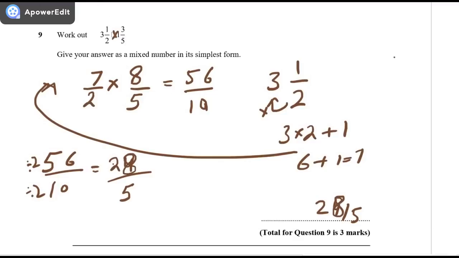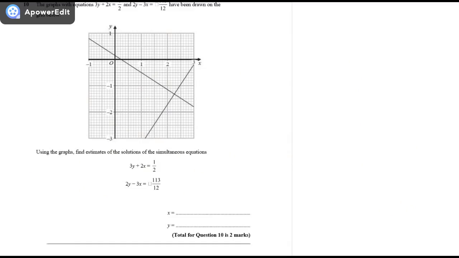Yeah. And next question. Okay, in question number 10, we got a graph. The equations of two lines are given, so we're gonna find the estimate of x and y. So here we're gonna use a ruler to find the values of x and y. So you can see the two lines meeting at that point. With the help of a ruler, you can draw a straight line towards the x-axis.